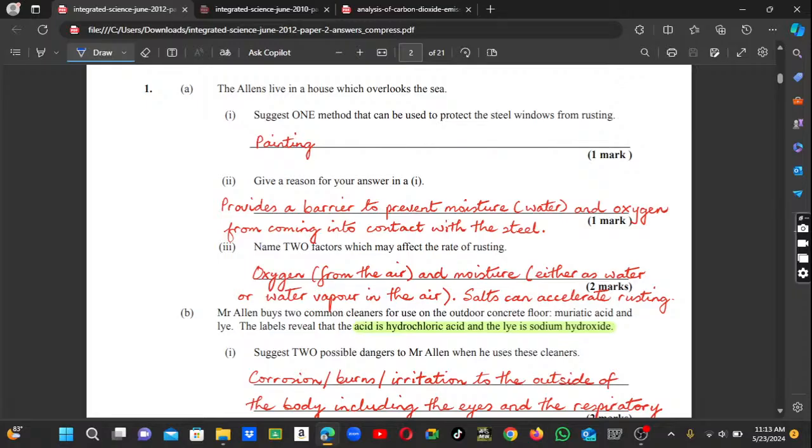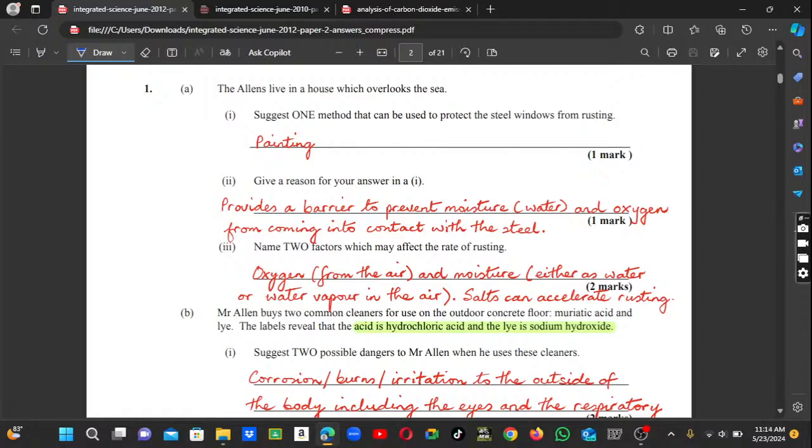The paint will act as a secondary source of protection for the steel, because as the oxygen combines with the water, that's where the rust would start to occur. Therefore, we would do painting.